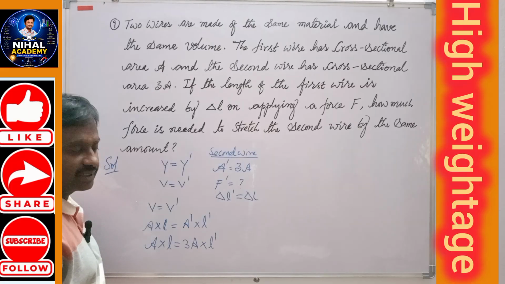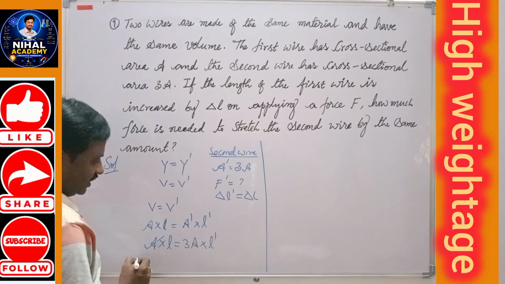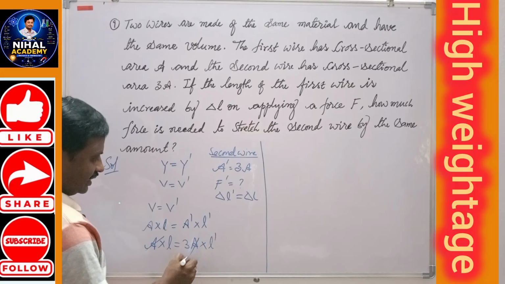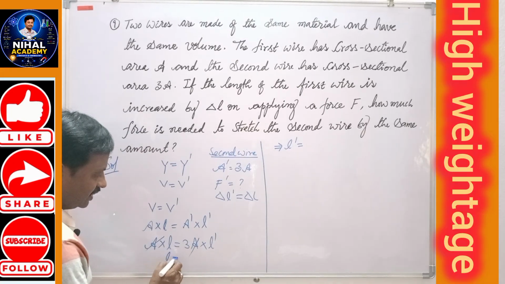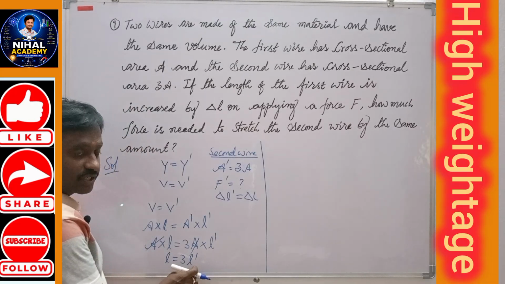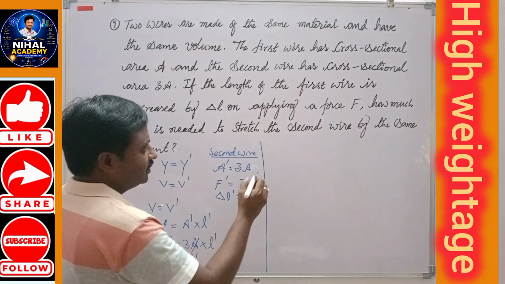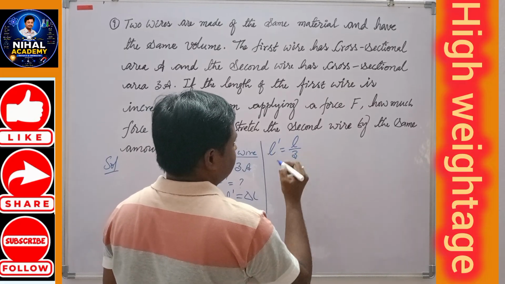From this information, A cancels, so we get L is equal to 3 into L dash. So L dash is equal to L by 3.